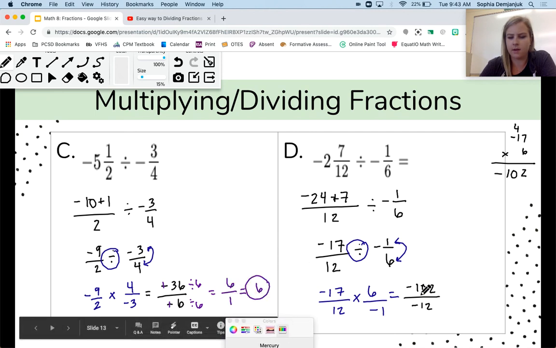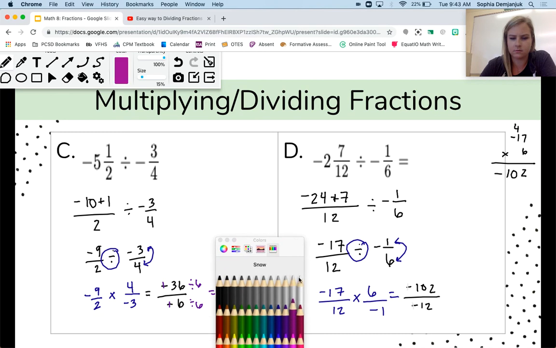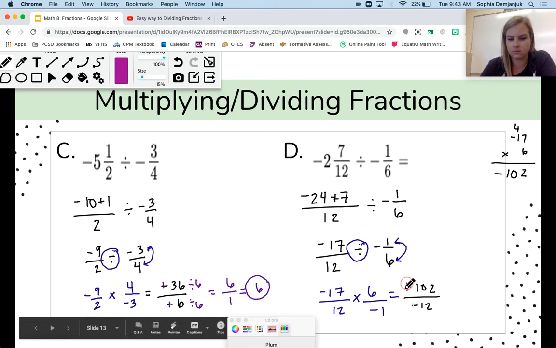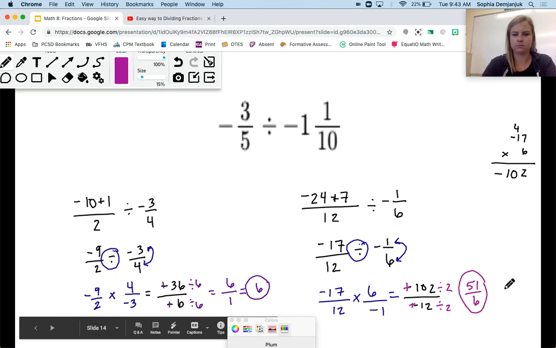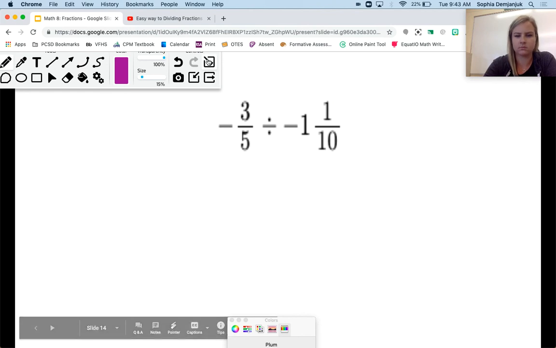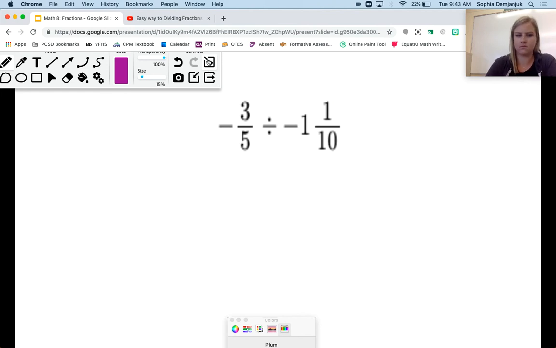I'm going to start out with negative over negative is positive. I know that these are both divisible by 2. 102 divided by 2 leaves me with 51. 12 divided by 2 leaves me with 6. No further way to simplify. And then go ahead and complete this example on your own.